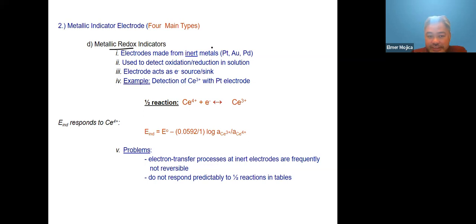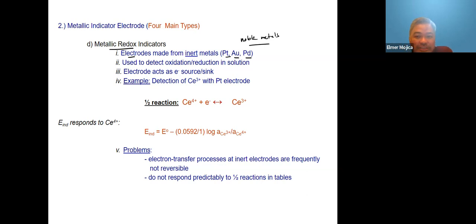So in this case, your electrode comes from the so-called inert metals: platinum, gold, palladium, what we call noble metals, because they don't react, right? Those are the metals used for jewelry. They don't usually react right away. They are usually inert.